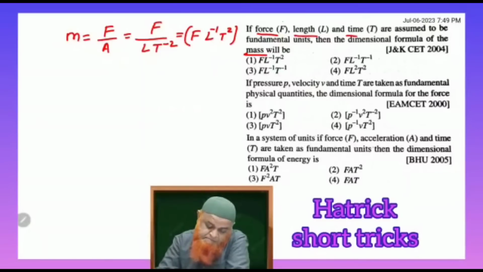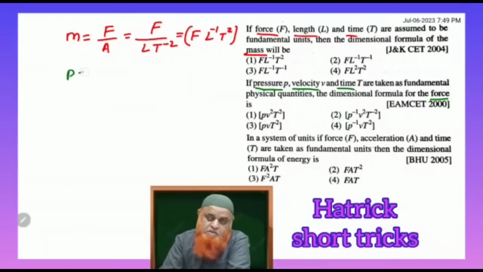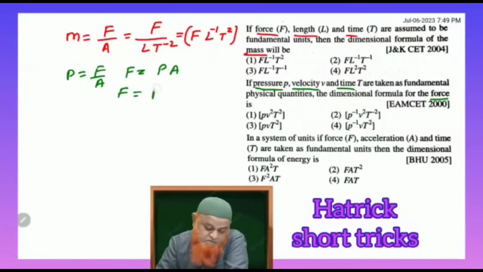In the second problem, he is asking us to find out the dimensional formula for force in terms of pressure, velocity and time. You know that pressure is equal to force by area. So force is equal to pressure into area. Okay, and he's asking us to find out velocity in terms of area. Area means what you'll write?